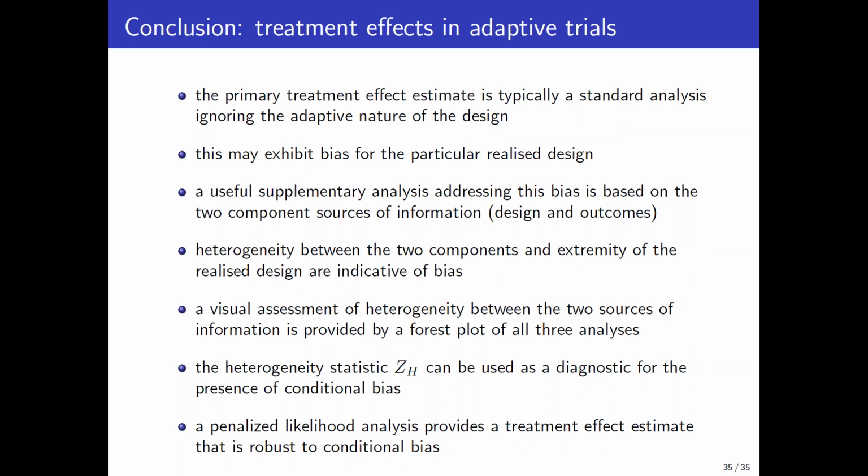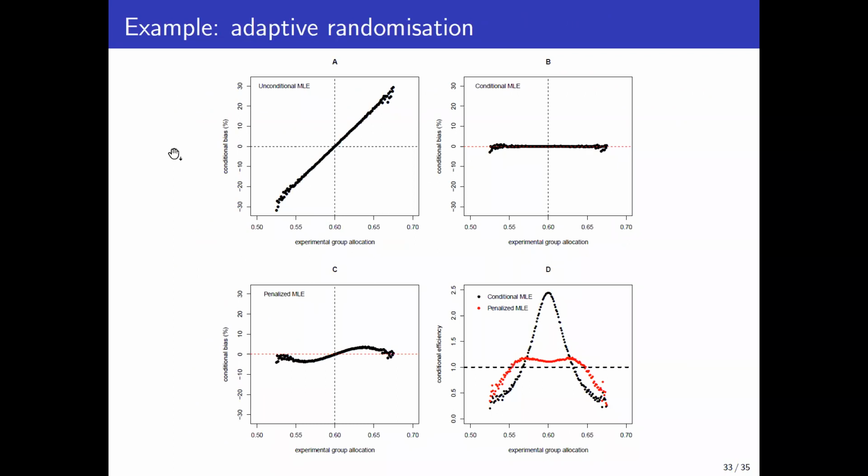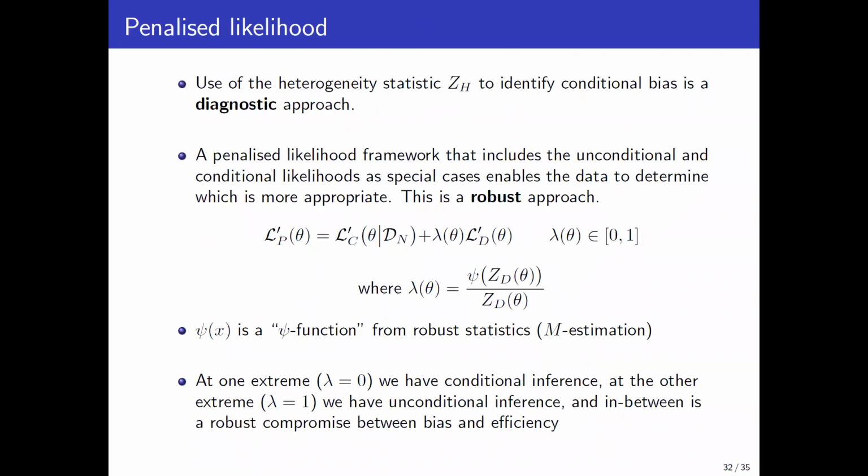But how do you decide what lambda is? I understand what you've just said, but are you choosing lambda in order to minimize some objective function? So in fact, lambda is a function of the treatment effect theta. So it just becomes another place in the likelihood equation or the estimating equation where the treatment parameter theta occurs.